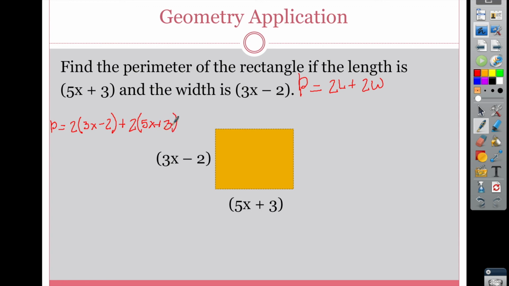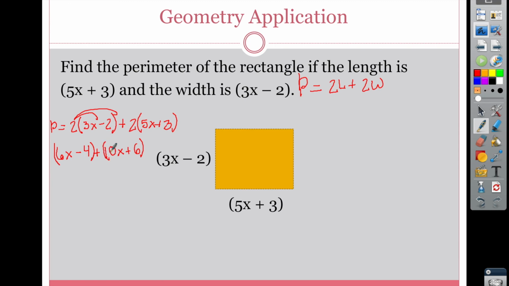So my first step is going to be distributing my 2. So I'm going to get 6x minus 4 and 10x plus 6. So now we need to combine like terms.